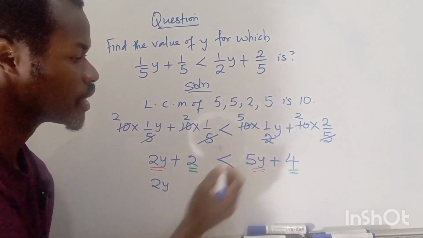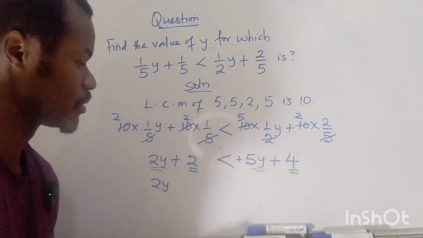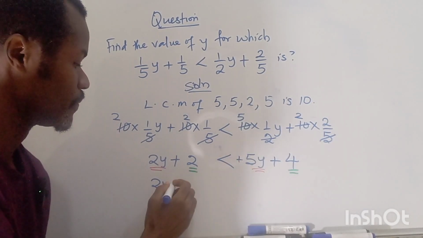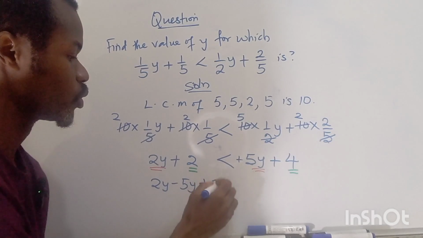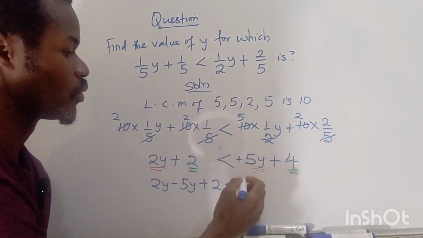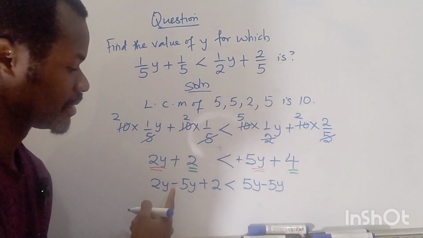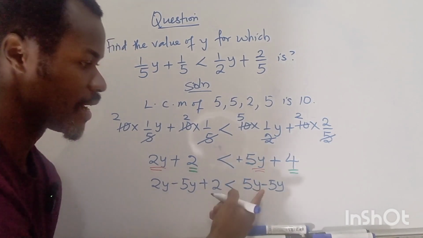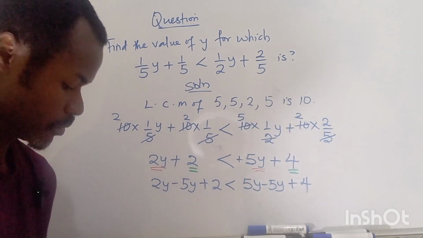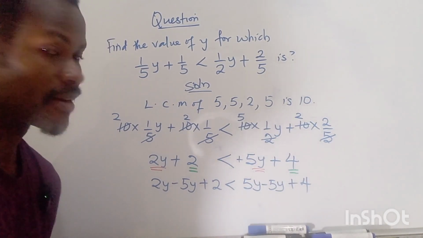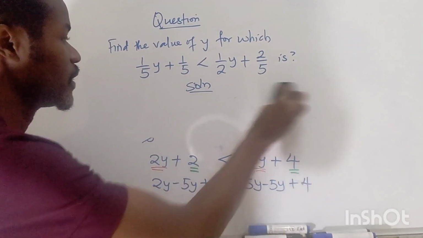Now this 5y has a plus, so I'm going to remove it from both sides by subtracting 5y here. Remember, we have our plus 2, which is less than 5y minus 5y plus 4. Since I subtracted 5y here, I'm also doing it here.